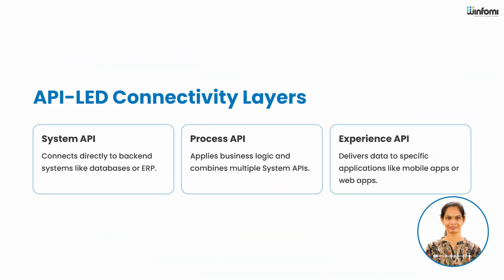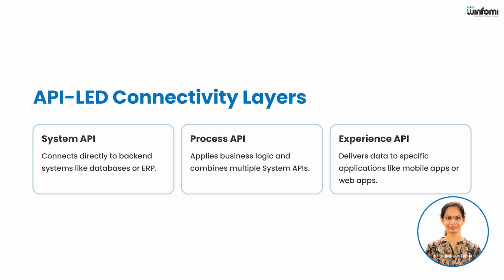One of the most important concepts in MuleSoft is API-led connectivity. In this approach, APIs are organized into three layers. The first layer is system APIs. These APIs connect directly to backend systems like databases, ERP, or CRM systems and expose data in a secure way. The second layer is process APIs.